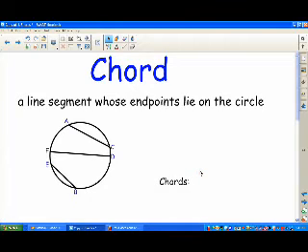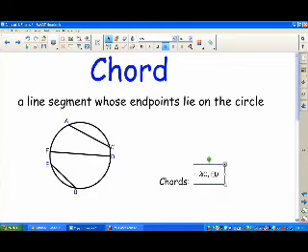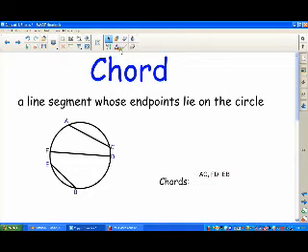So our chords in this figure would be AC, FD, and EB. Now, these are segments, so I do need to put the little bar over them. Let me do that right now. Okay, because they are segments, so we can't get those confused with anything else. And these are segments, they cannot be lines. If they end up being lines, they're called something else, and we'll get to that shortly.